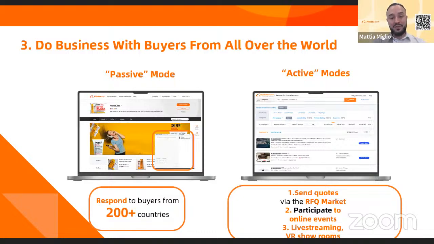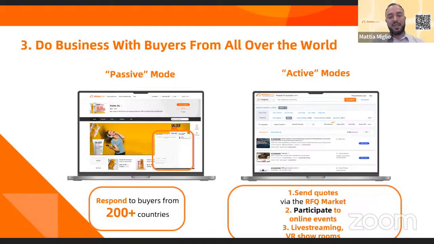Then you will enter the star rating system. So you will receive different stars based on different data. For example, the time that you take to answer the inquiries you receive from our buyers, but also how many products, and the quality of the products based on the feedback you receive from buyers based on your advertising campaigns.